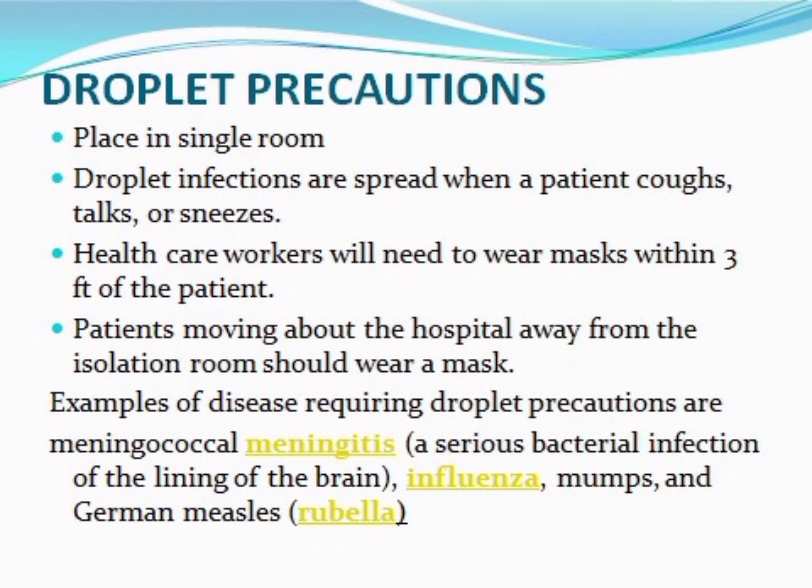Patients moving about the hospital away from the isolation room should wear a mask. Examples of diseases requiring droplet precautions are meningococcal meningitis, bacterial infections of the lining of the brain, and influenza, mumps and German measles or rubella. So these many come under droplet infections.